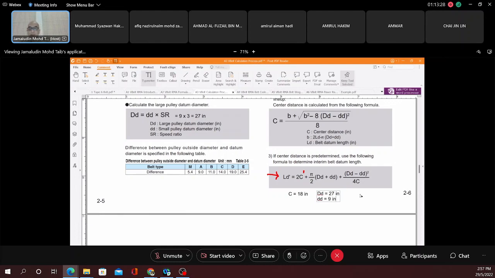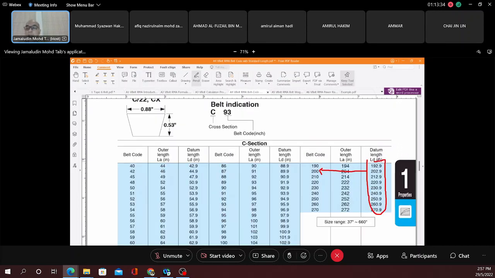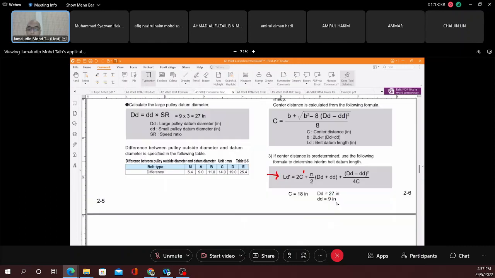Can somebody calculate the value of LD prime here, the datum length of the belt? Can somebody calculate and write the answer in the chat? Insert the values: C is 18 inches, 27, 9, and 4 over C. What is the value here?